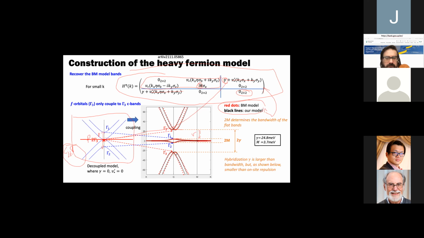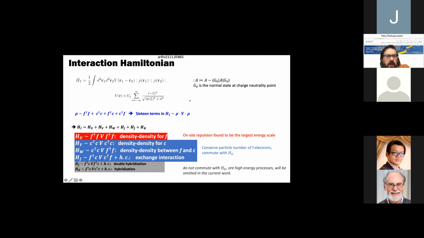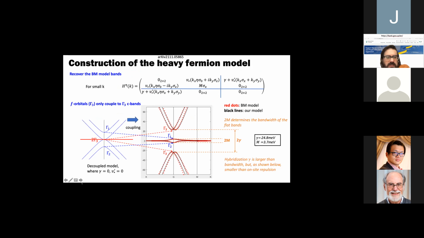So this is the end of the heavy fermion mapping. The largest quantity in the heavy fermion mapping is this gamma, which is just the gap between the flat bands, the Bistritzer-MacDonald flat bands, and the next band.